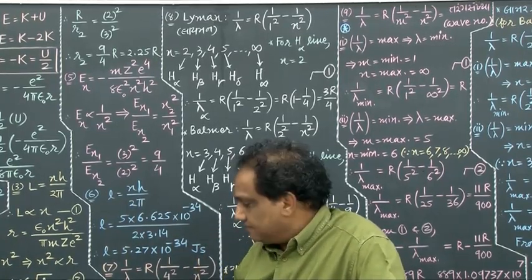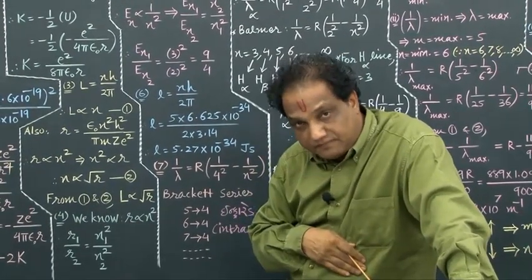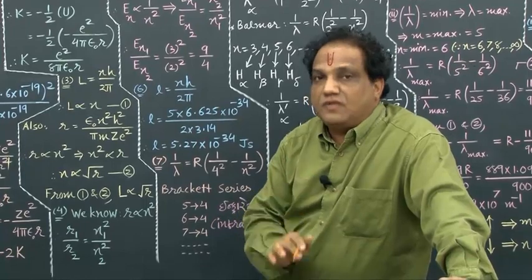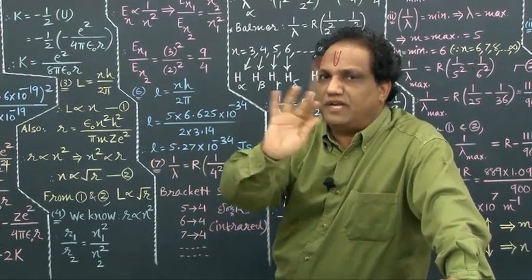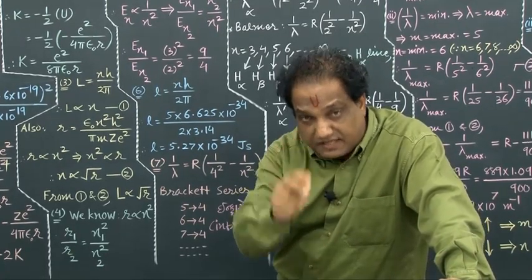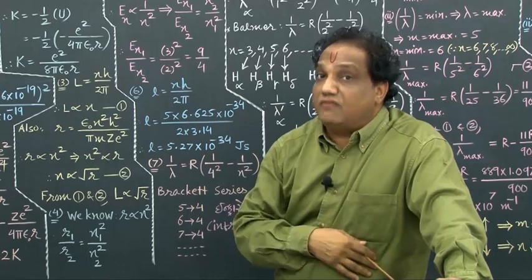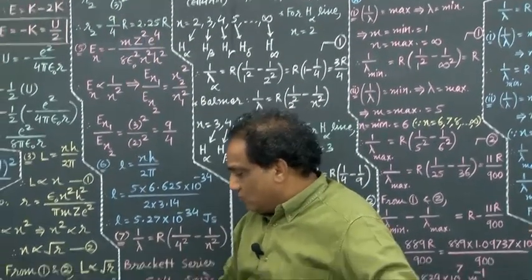Secondly, please remember, what is N1? It is first value of order of orbit. If they give first state or ground state, you may take N1 equal to 1. But if they give first excited state, then you should increase it by 1, 1 plus 1, that is 2. What is N2?